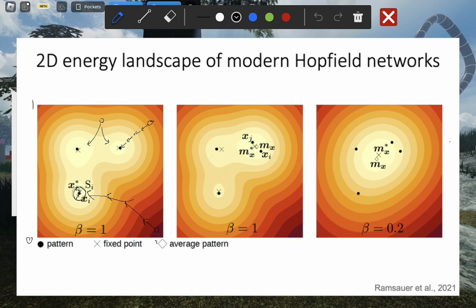But what happens if you change the location of the memory patterns, or if you change the temperature? Then you can have these metastable points, which are shown in M. And if you decrease the temperature too much, actually this is the inverse temperature, then even though you have these patterns as distinct points, you will converge to the average of all these patterns.